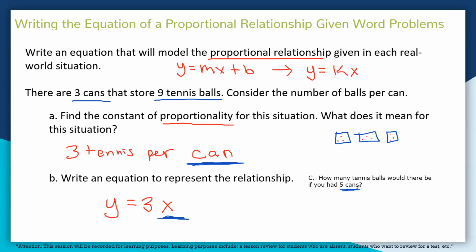And we have 5 total cans, so we can substitute 5 in for X and find the total. So Y is equal to 3 times 5, because there's 3 balls per can and we have 5 cans, giving us a total of 15 tennis balls.